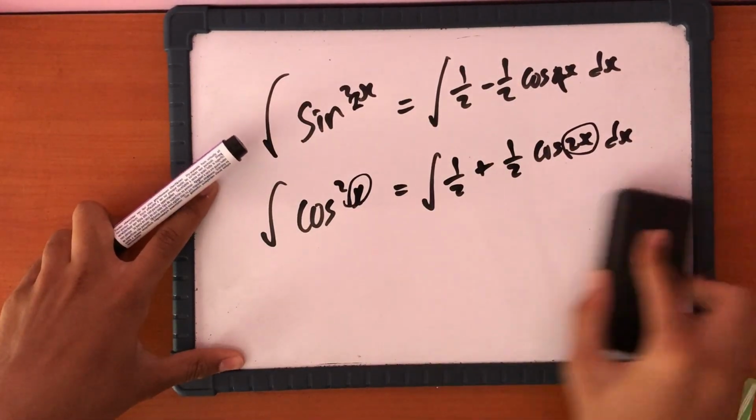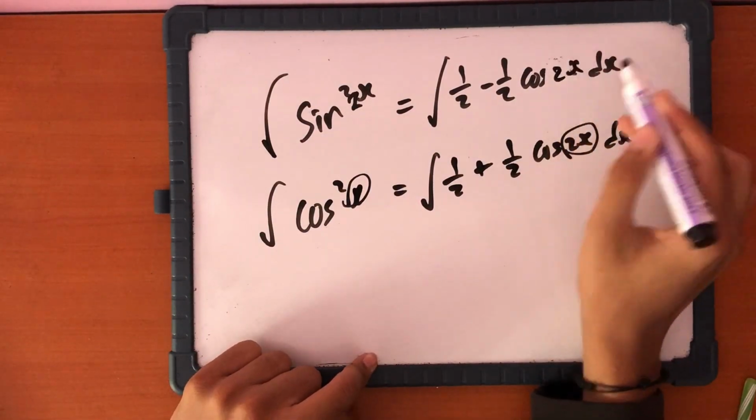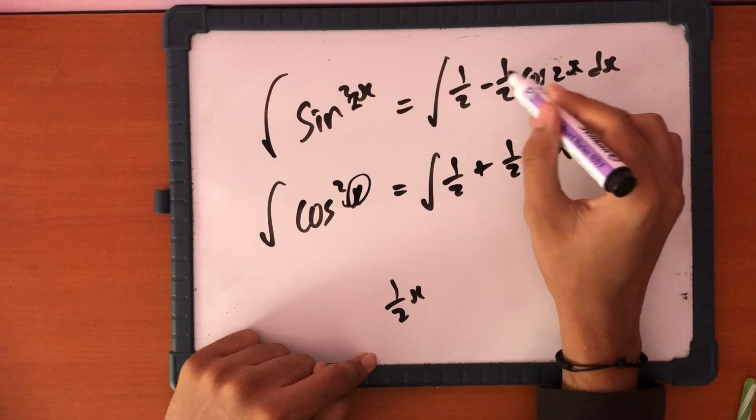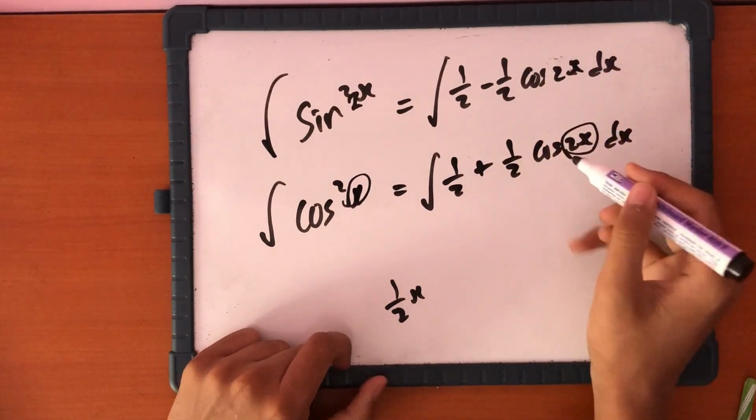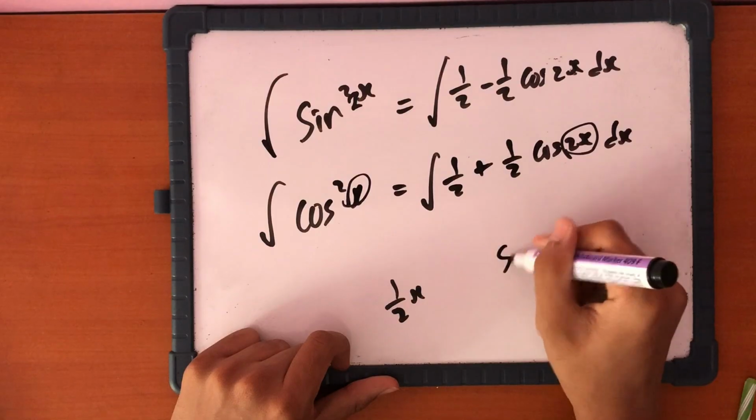And obviously, you can integrate this now. If you're told to integrate just this, the integral of half is just half x. And the integral of negative half cosine 2x: cosine will integrate to positive sine.